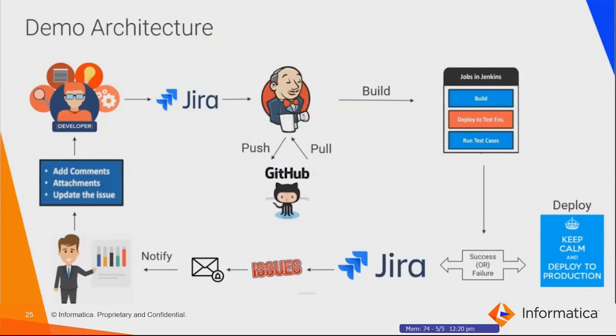And the moment he changes the state of the Jira, there will be some automation running, and the code will be built and deployed, either for testing or in the production environment. And that's how the cycle will complete. Now let's go back and try to understand the demo.